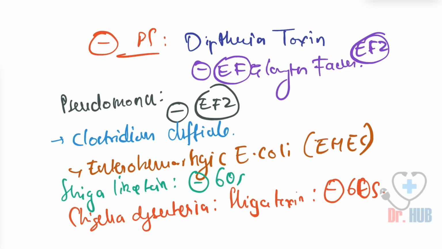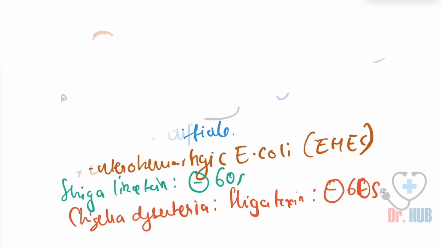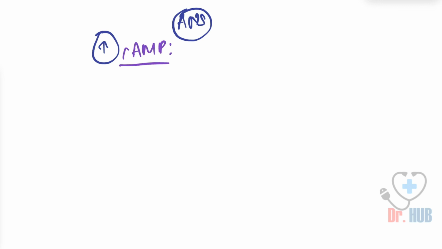Now we look at answering our questions. The first question we asked was the increase in the cAMP. It is Bordetella pertussis.